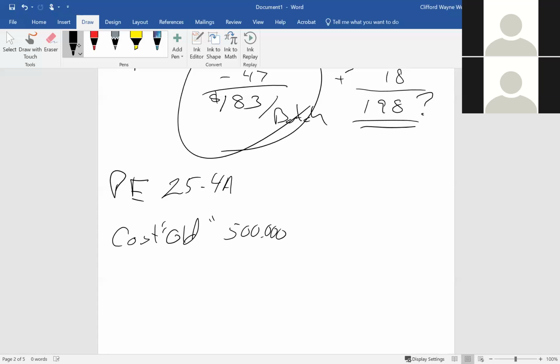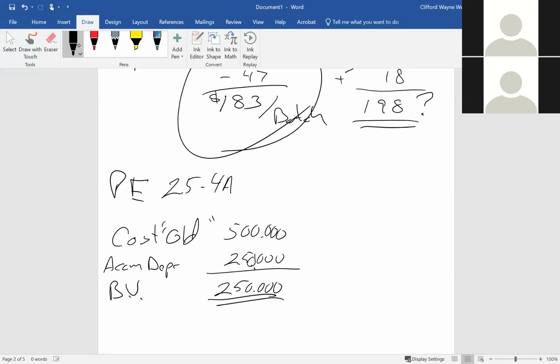We have the accumulation of depreciation of $250,000. That gave us a book value of $250,000.